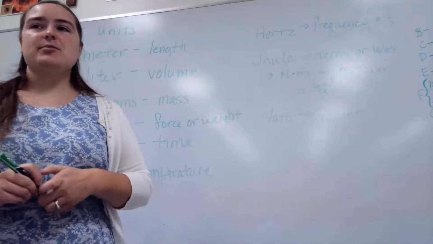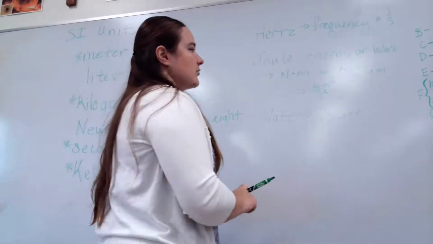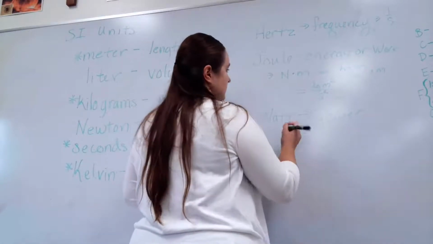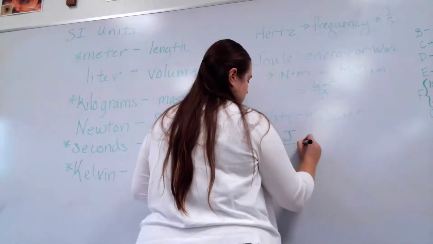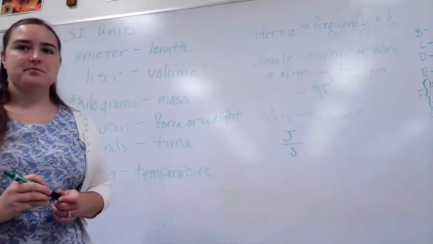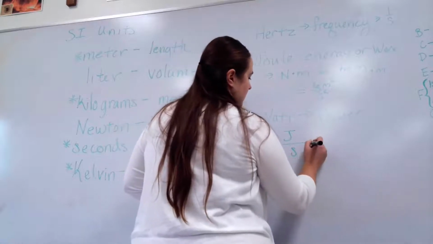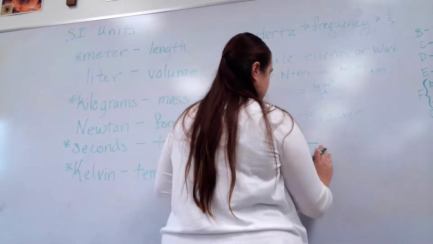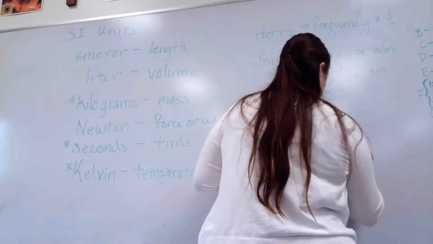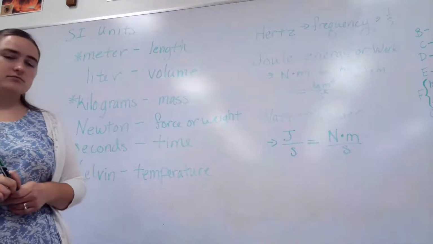Watt is energy per second. So it should not be surprising that if we break this down into its parts, we will get joules, which is our unit of energy, per second. We can also write this as newtons times meters over seconds.